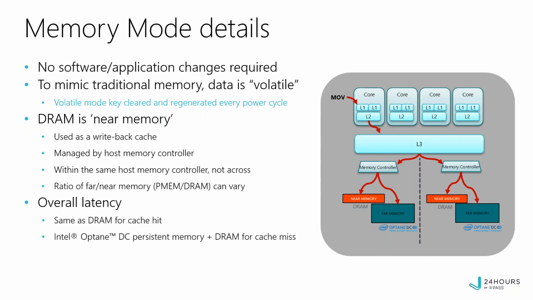A little bit more detail. This is our diagram for memory mode. Like I mentioned, memory mode is just extending my memory footprint on my server and has an idea of near and far memory. So my near memory is just a write-back cache, which is your regular DRAM DIMMs, and the far memory will be the Optane DC persistent memory.